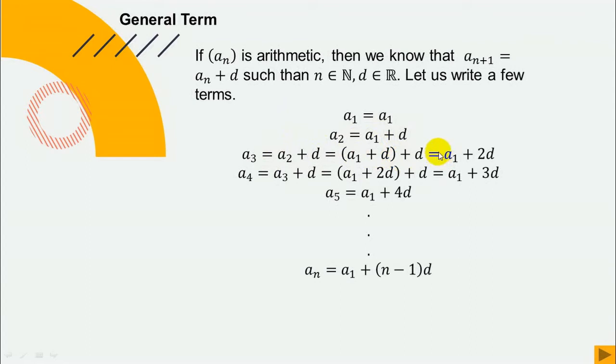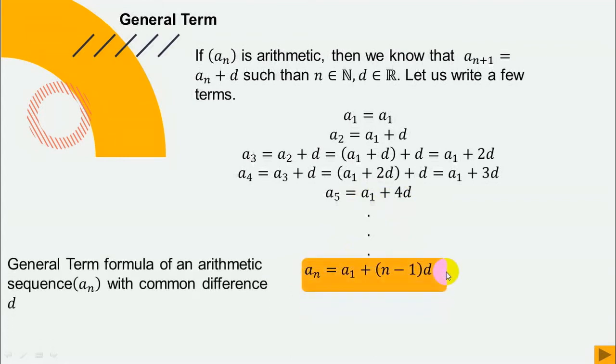So from here we get a_1 plus 2d, and then you continue until you get a_5 equal a_1 plus 4d. So you get this formula: a_n equals the first term plus (n minus 1) times d. So this one is the general term formula of an arithmetic sequence with the common difference d.